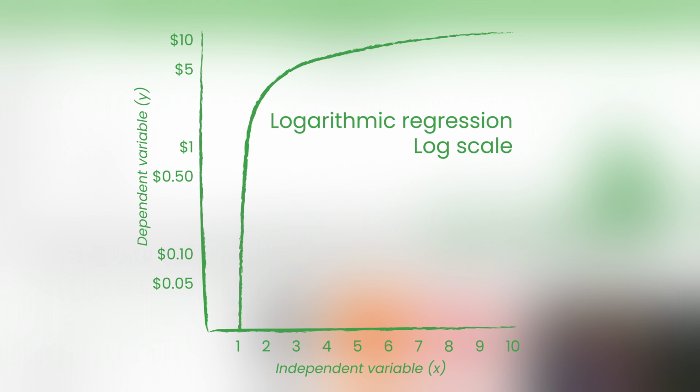But when we draw a logarithmic regression over the data, the example we just showed before with that sort of gradual log curve becomes much more pronounced on log scale at the beginning. So you see that again, the y-axis is log scale now, so it's an order of magnitude higher each level up you go. We see that here, price being the dependent variable on the y-axis, $1 is already halfway up the chart.